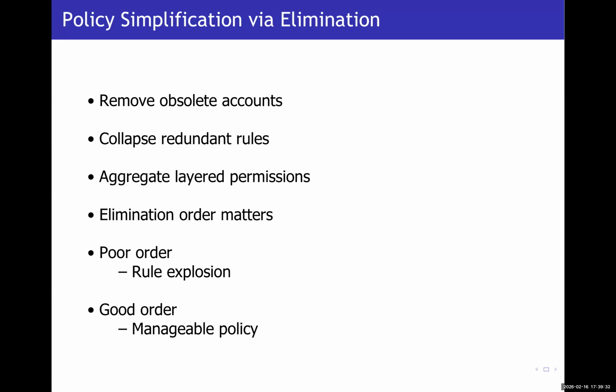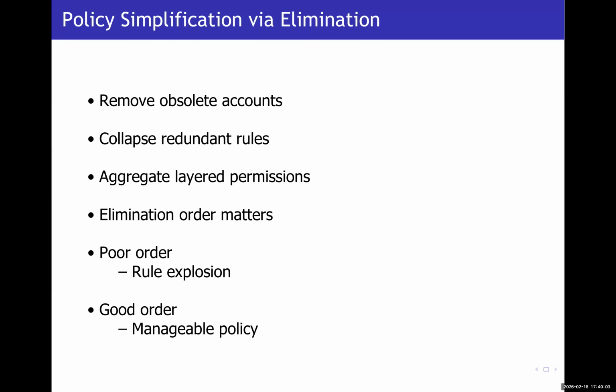And so now we'll apply this idea to a cybersecurity example of policy simplification via elimination. In cybersecurity, variable elimination resembles policy simplification. Removing obsolete accounts, collapsing redundant rules, or aggregating layered permissions are all forms of elimination. However, order matters.